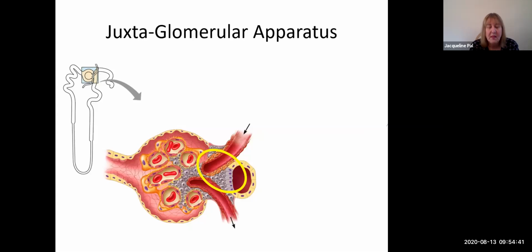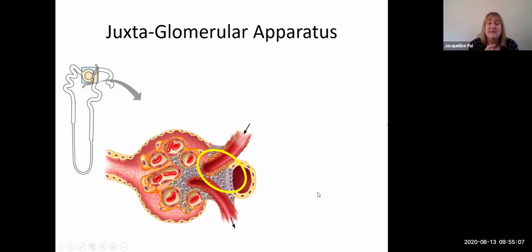So I want to draw your attention to something called the juxtaglomerular apparatus, as in something is juxtaposed. It is next to the glomerulus. And so this is the area in the yellow circle down here. And so you can tell from the arrow that this is the afferent arteriole and this is the efferent arteriole.